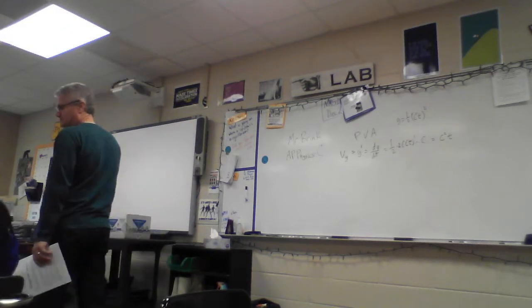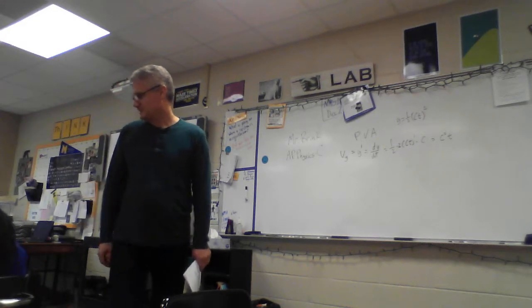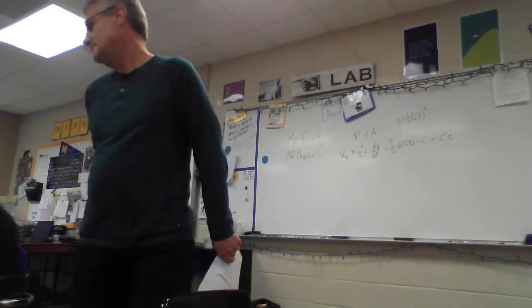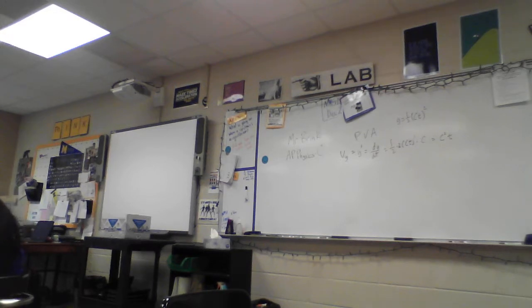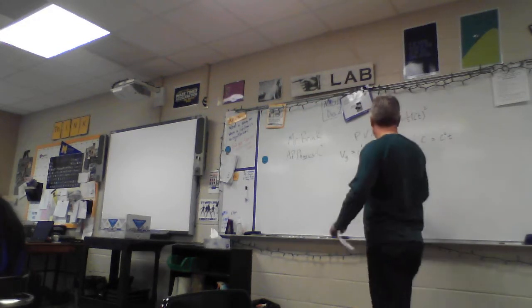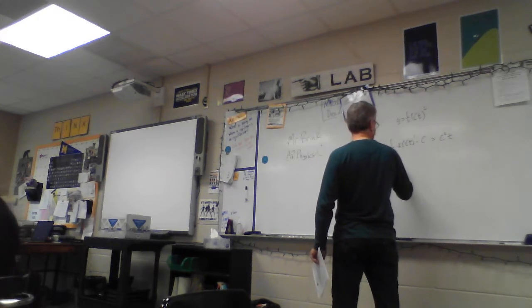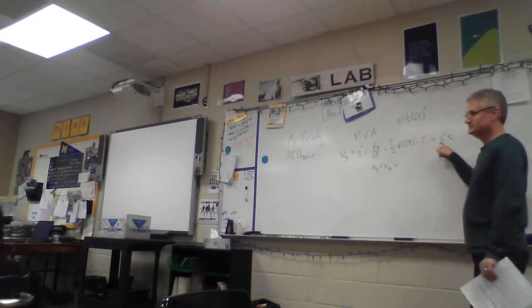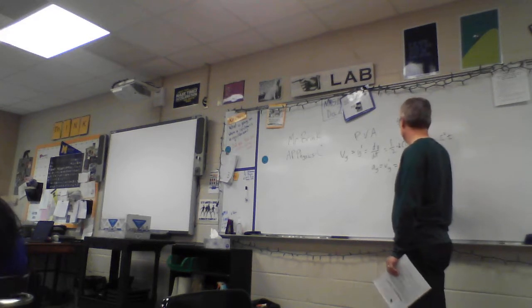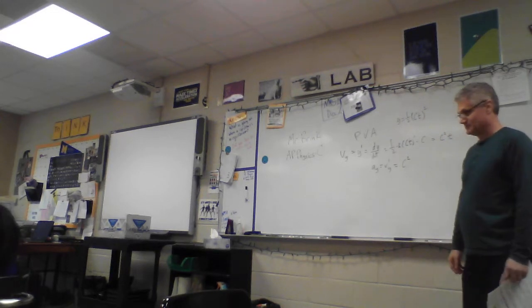Remember, c squared is a constant. It's not a variable. So remember, I'm always going to show how I got it. So the acceleration in the y direction is the derivative of velocity in the y direction. This is a coefficient, so it just stays there, and the derivative of t is just 1. So the acceleration in the y direction is just c squared.